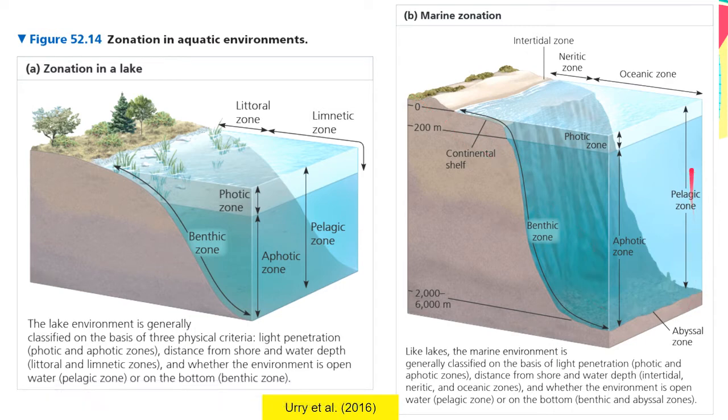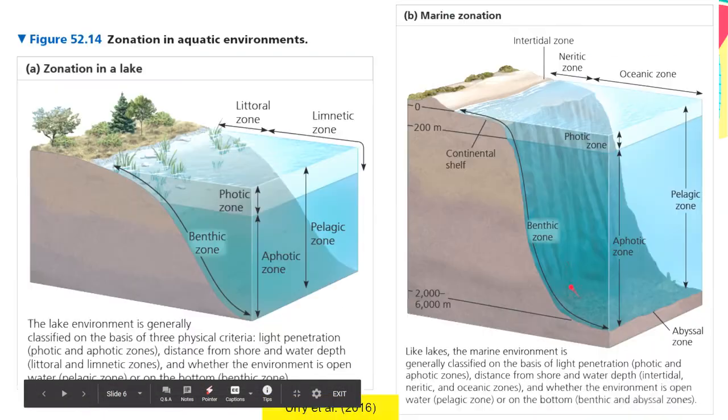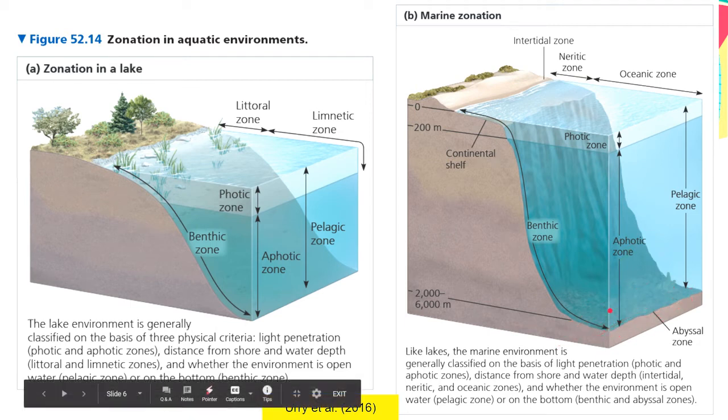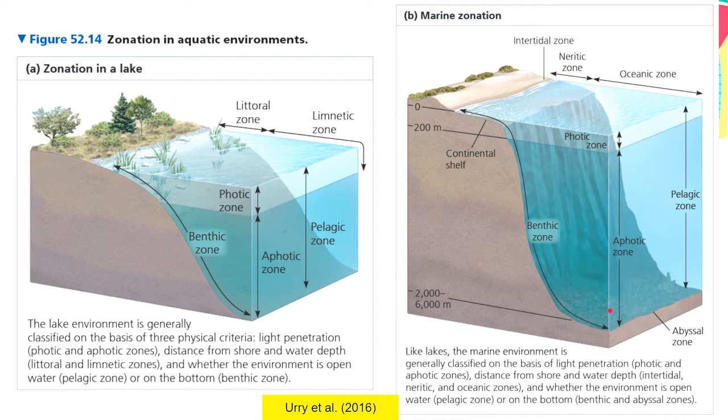Here you still have the land below the continental shelf, the continental plate. But in the pelagic zone, similar to the lake, it's open water. And here is the abyssal zone. That's the bottom part of the sea or of the ocean, where almost no light can penetrate.